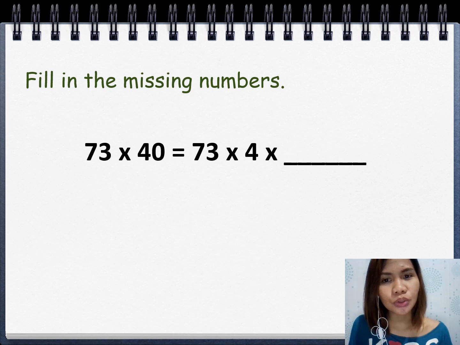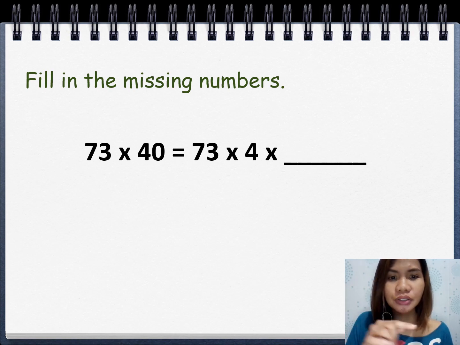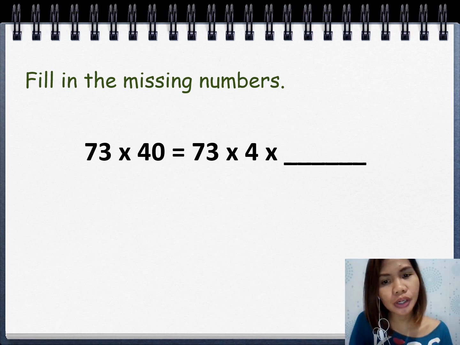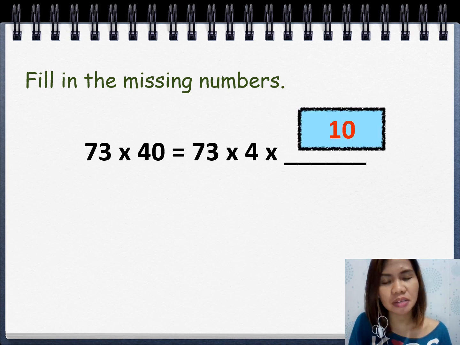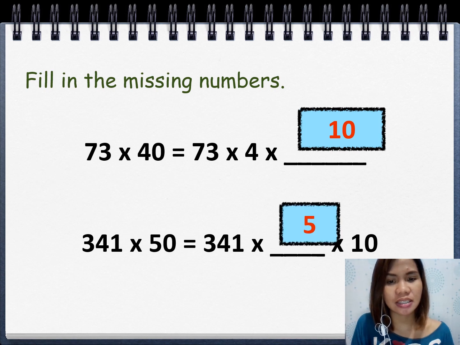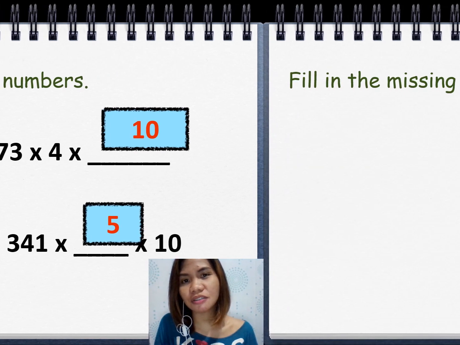So you can write 73 times 40 as 73 times 4 times 10. 40 is just the same as 4 tens. Next, what about this one? 341 times 50. And 50 means 5 tens. So the missing number is 5.